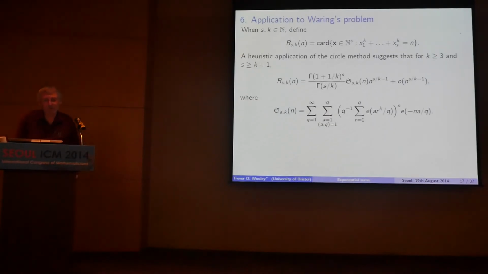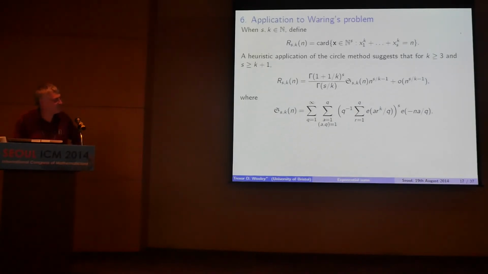And let me just tell you what to expect. If you apply the circle method and make every conjecture that you want to make, then you would expect that with k plus 1 or more variables, there should be an asymptotic formula for the number of representations, which involves some quotient of classical gamma functions.